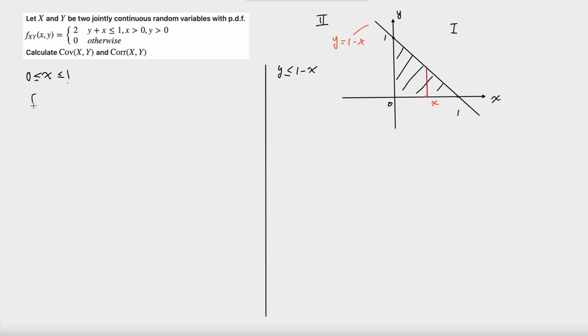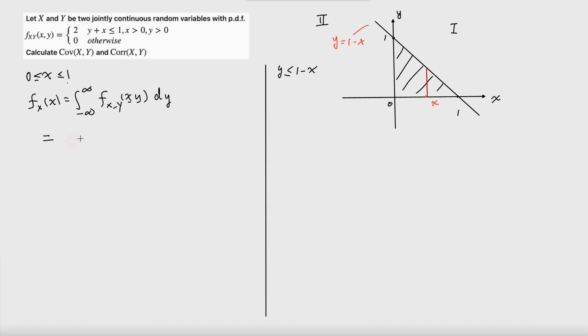So the marginal density of X is equal to the integral from negative infinity to positive infinity of the joint density of X and Y, dy. Since we're computing the density function for X, we need to integrate out Y. Based on this plot, for fixed X, Y ranges from 0 to 1 minus X. Outside of this range, the joint density is 0.